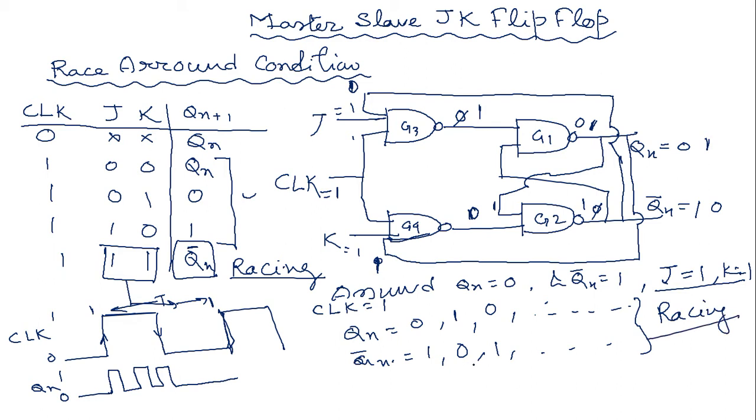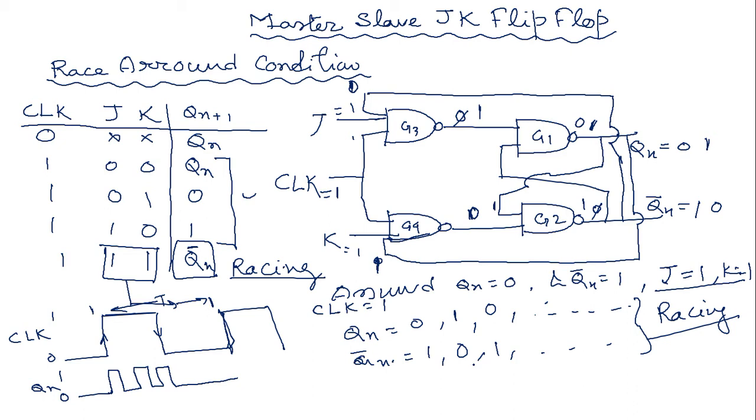Now I am talking about the racing, and how to remove the racing condition. This racing is a condition that creates confusion or problems for the developer or circuit designer. Basically, in the racing condition we can't conclude a fixed output.